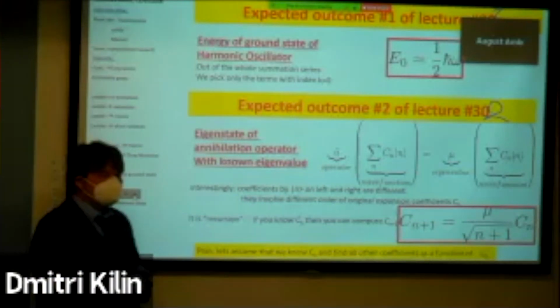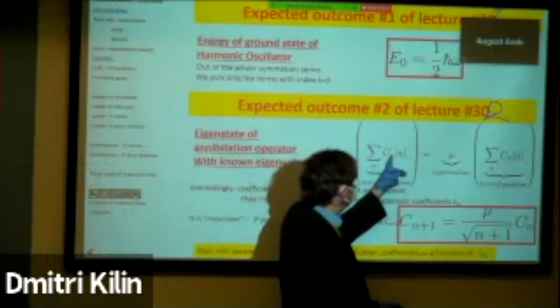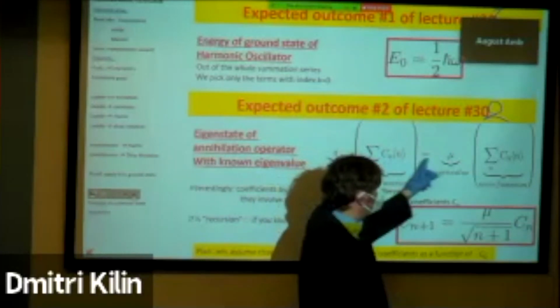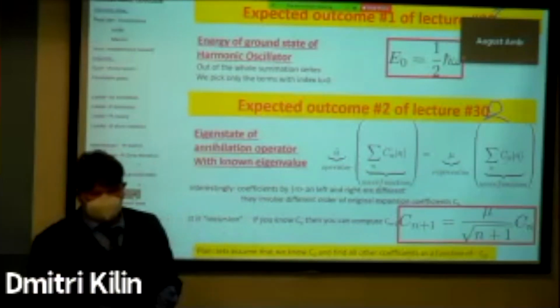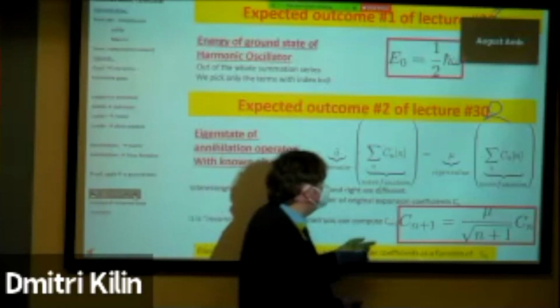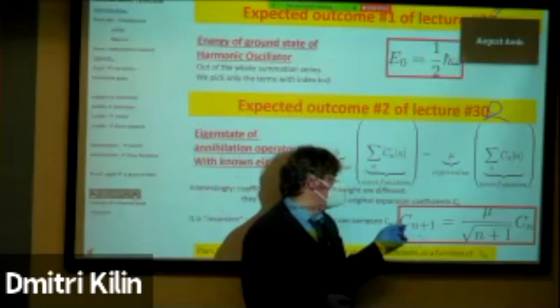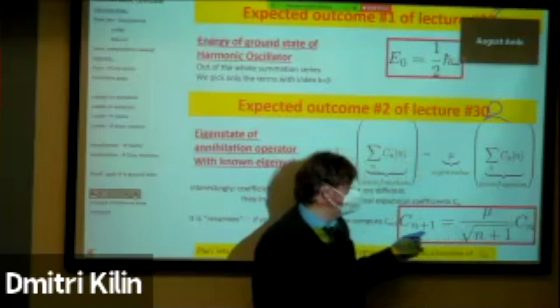So if everything goes favorably today, we will find that the expansion coefficients in this unknown eigenstate will be obeying the recursion relation. So they are not independent from each other.